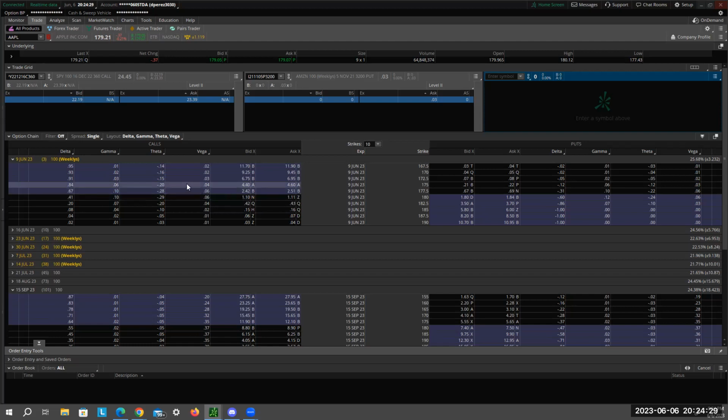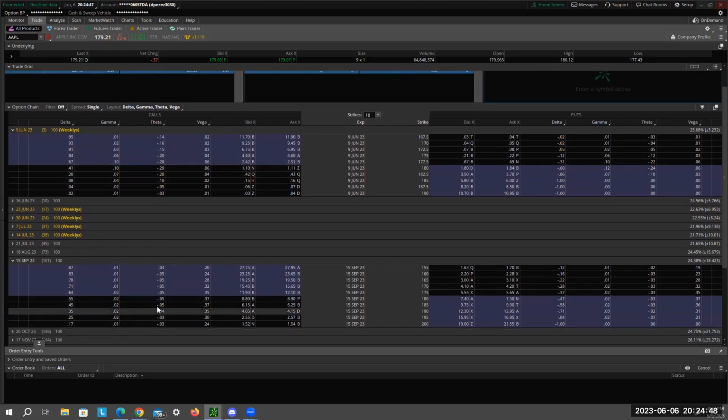And then tomorrow, as you can see, the theta on this contract is going to lose 0.29. This contract is going to lose over 25% just for holding the contract, because of the lack of extrinsic value, the lack of time left on the contract. And conversely, on this contract, its theta is 0.05.